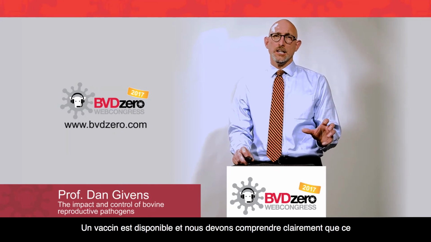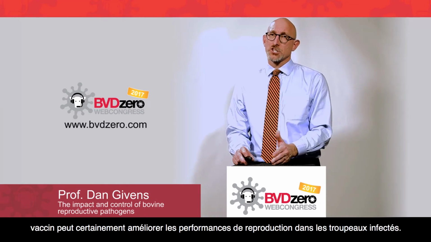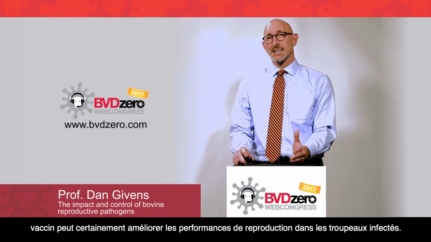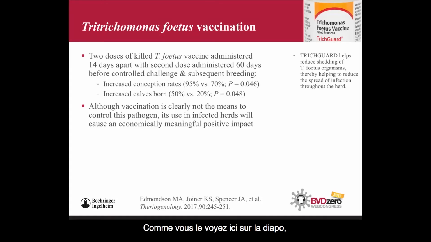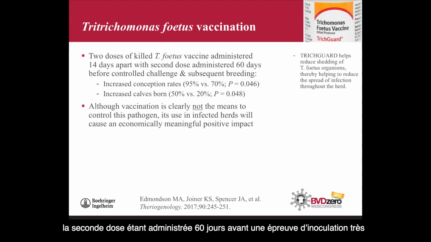As you see here on the slide, 2 doses of a killed Trichomonas fetus vaccine administered 14 days apart, with the second dose administered 60 days prior to a very rigorous controlled challenge, inoculation of these individual heifers with this organism and subsequent breeding, increased the conception rates from 70% to 95%, and also increased the calving rate such that we saw a 50% calf crop in the vaccinated group, a 20% calf crop in the non-vaccinated group.